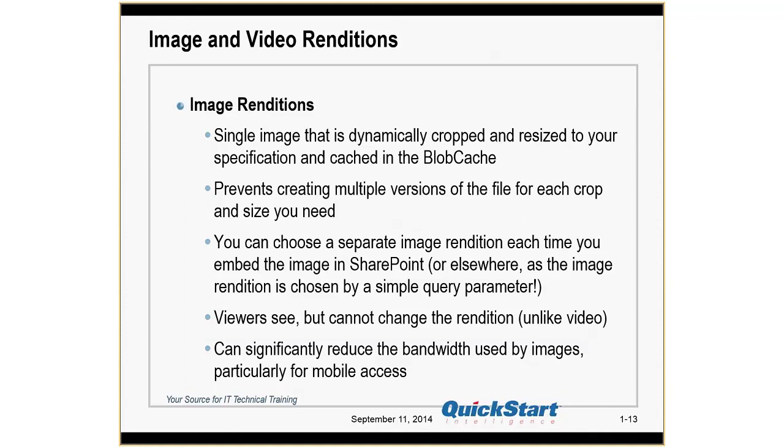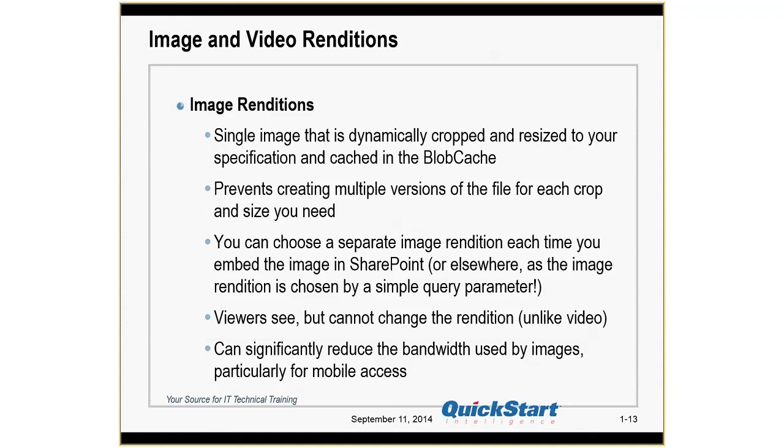Incredibly nice. On each page, every time you embed that image in SharePoint, you can choose which rendition to display. The big benefit to this is it can significantly reduce the bandwidth used by images, particularly for mobile access.